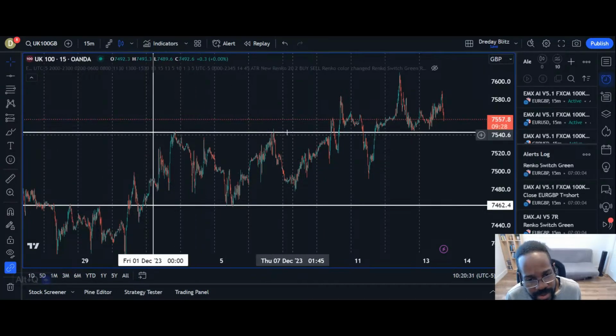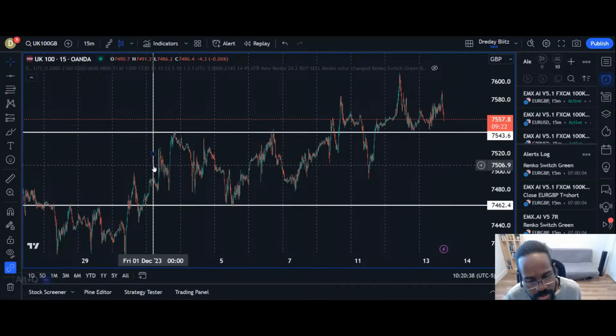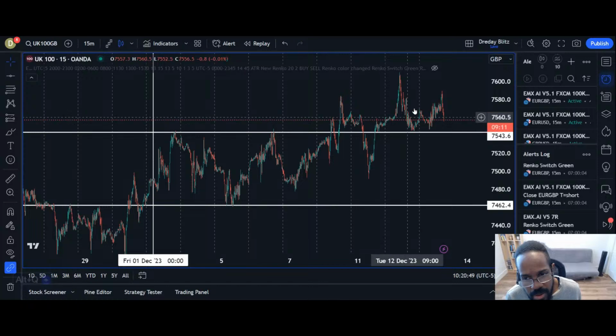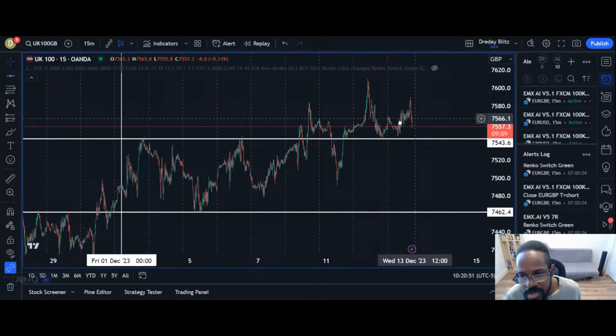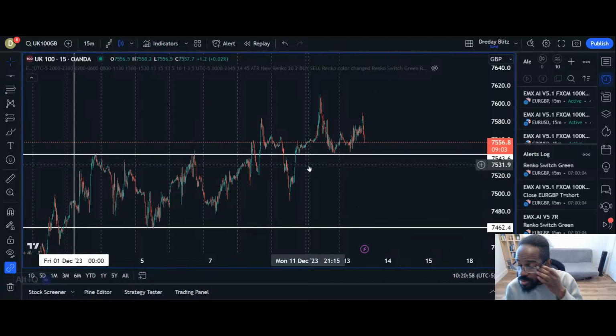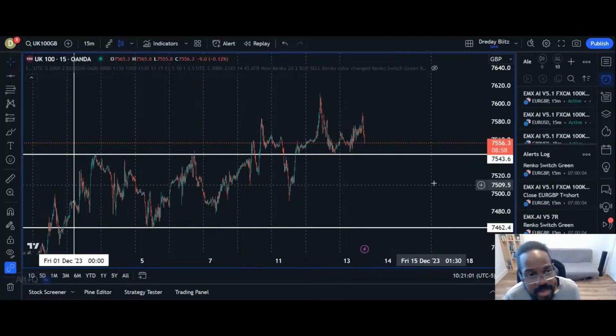So for a week, from Friday the 1st of December until the 8th, it was ranging. Okay. Now it's ranging upwards, but we have to wait until next week. So for the next 3 days, see exactly how the market is going.